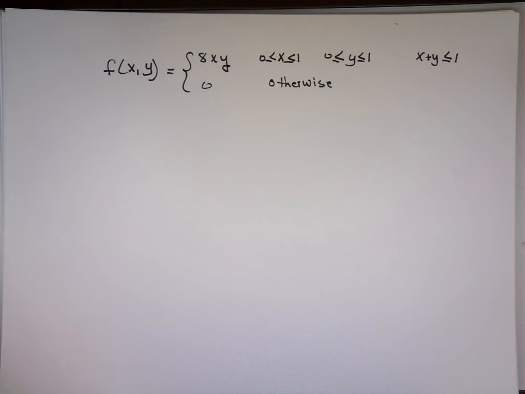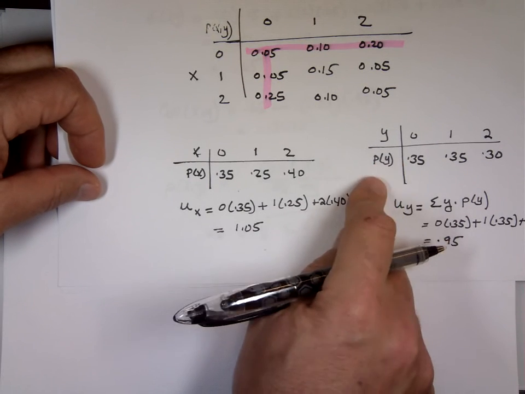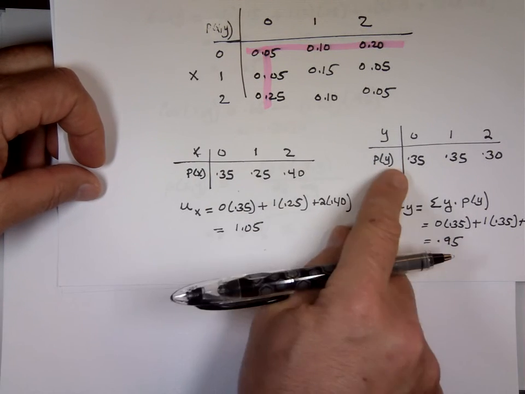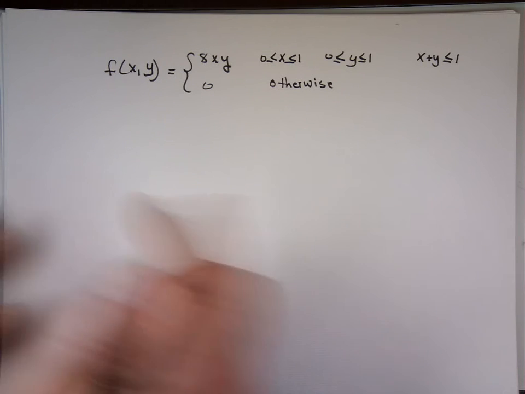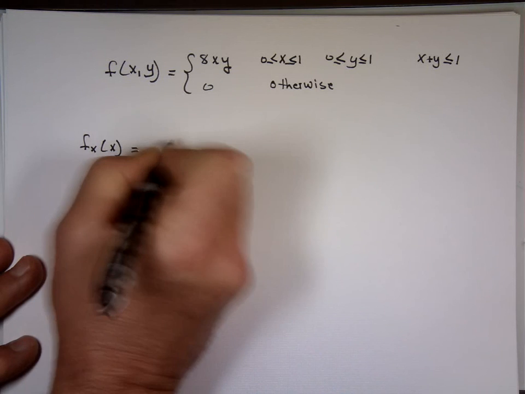Just like we did the discrete, I need to know what f of x, x, and f of y, y. That's px and py. So what is f of x, x? It's the integral with respect to y.